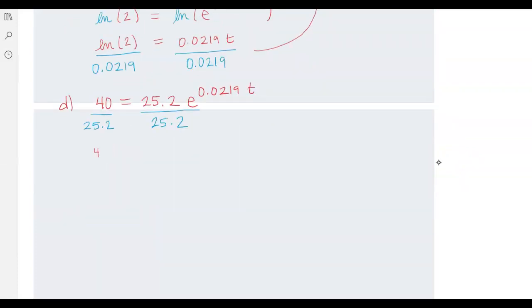So we'll have 40 over 25.2 equals e to the 0.0219 times t. We'll take the natural log of both sides.